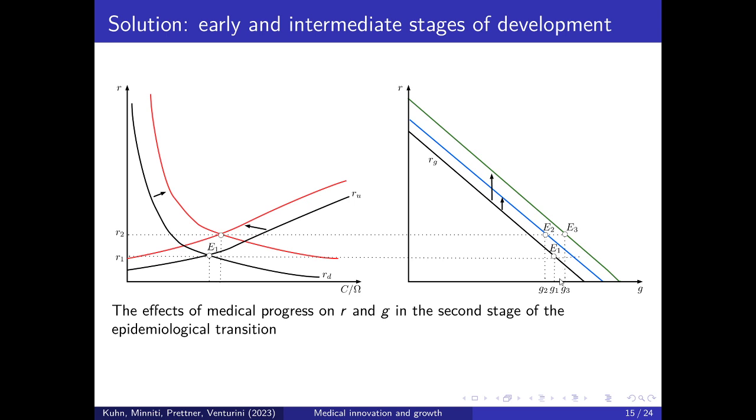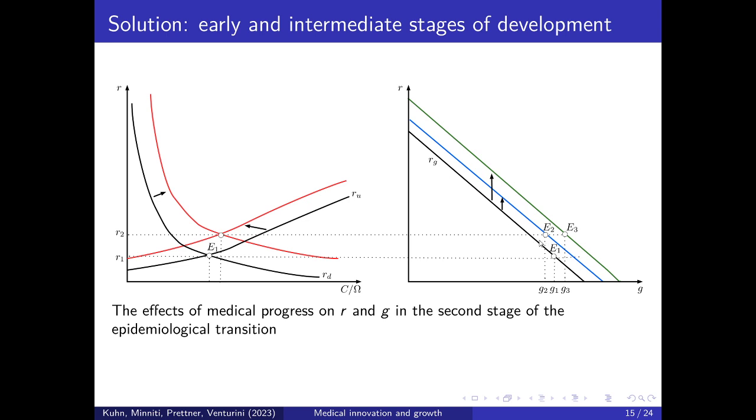However, in more intermediate stages of development, you get more and more progress against cardiac diseases and against mortality at the working age of the population. So therefore, the population would grow at working ages, and that means you get more people available for production and for research and development. And therefore, for a given interest rate, the increase in the growth rate would be higher. So the RG curve would shift up more in this case.